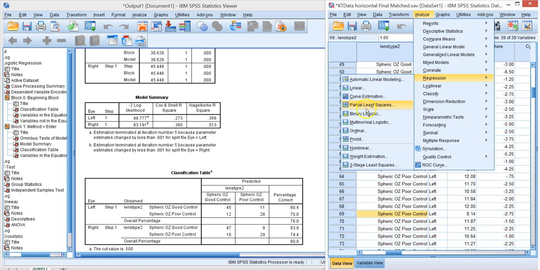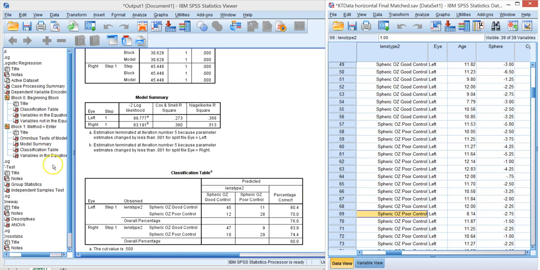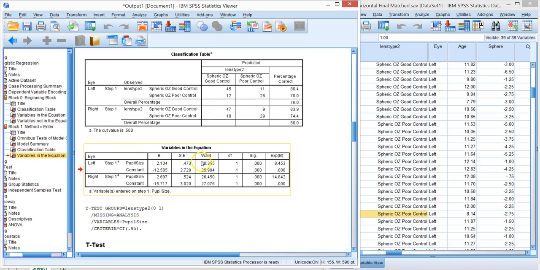If we come down here, binary logistic, lens type 2, 0, 1, 1 being poor. So 1 is poor control. We're going to look at pupil size. Come up here, we see the classification table, oops, we don't want that, variables in the equation.